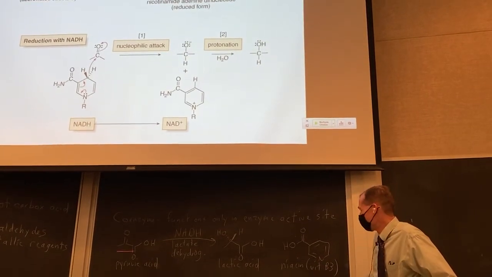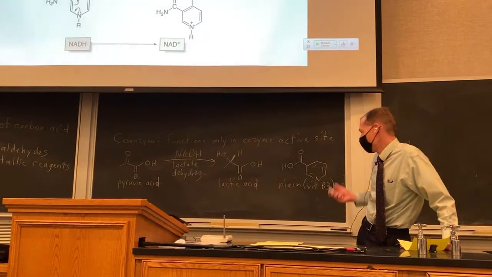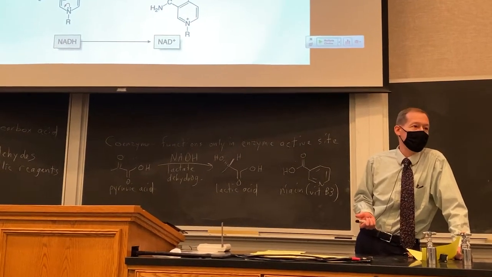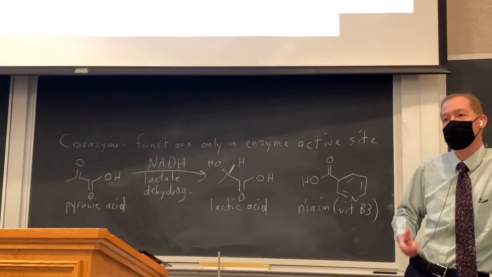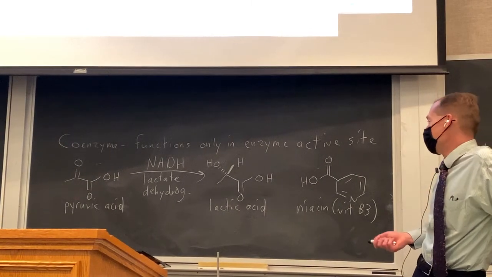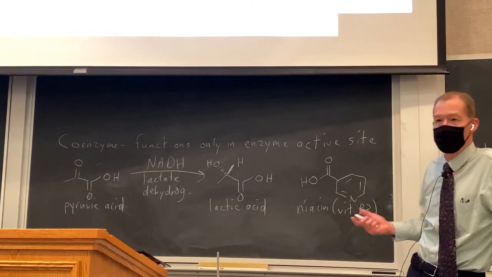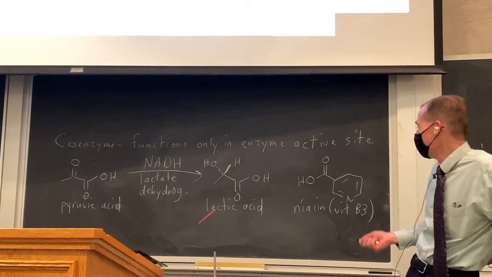So as an example, when pyruvic acid is reduced to lactic acid, that's a key step in anaerobic metabolism, anaerobic respiration. Lactic acid is formed as a single enantiomer. I think this is the S enantiomer.